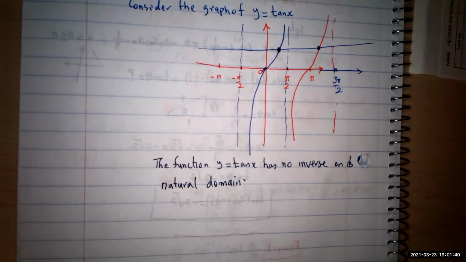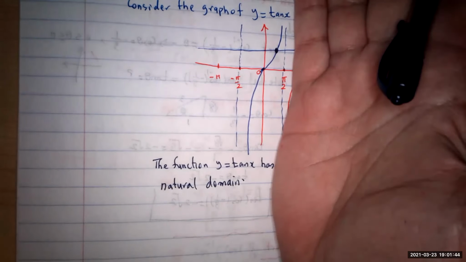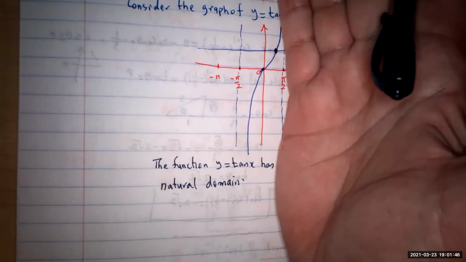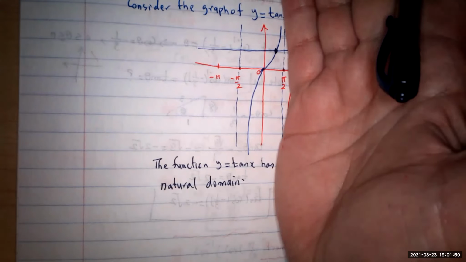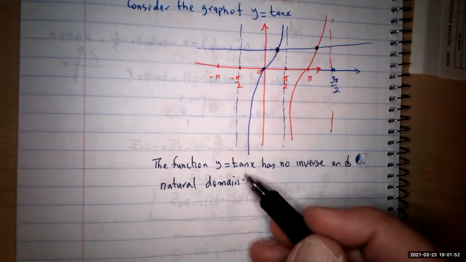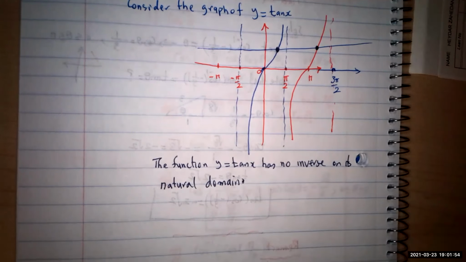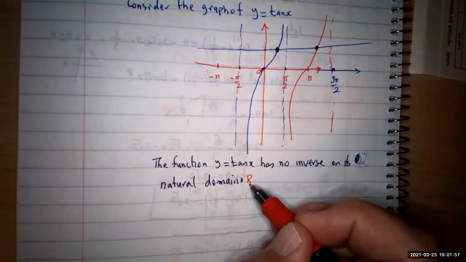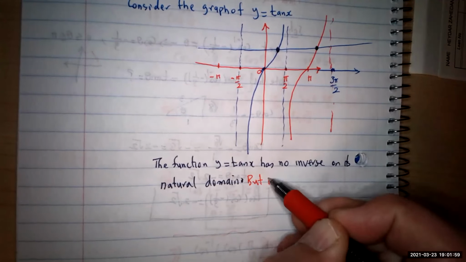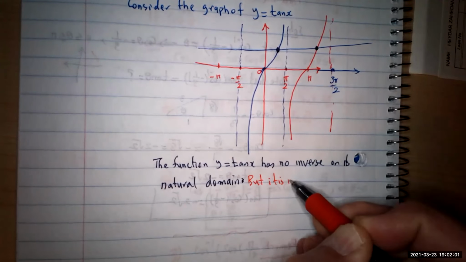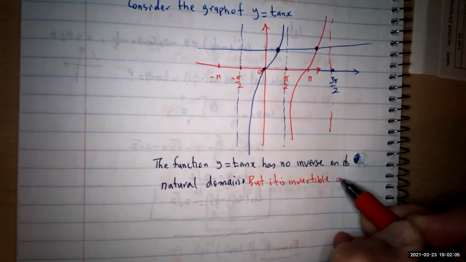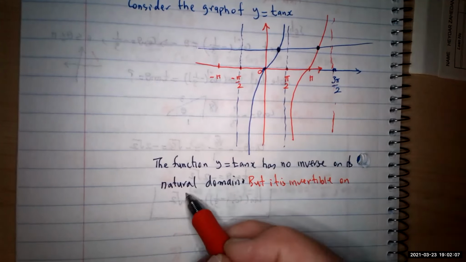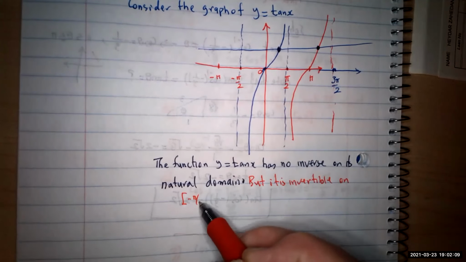The famous interval is like the sine inverse, negative pi/2 to pi/2. On it, the horizontal lines would intersect the graph at one point only. So you are going to claim that it is invertible, has an inverse, on the interval of negative pi/2 and pi/2.